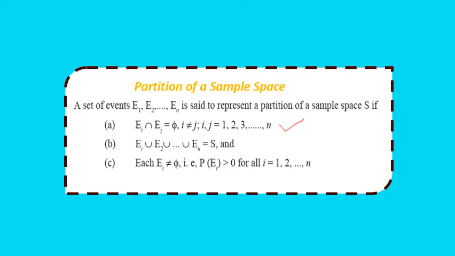And E1 union E2 union E3 up to union En should be equal to the sample space S. And the third point is that each Ei, that is each partition, should not be equal to phi, that is, probability of Ei should be greater than 0 for all i equals 1, 2, 3 up to n. Clear? So pause and note down the meaning of partitions of sample space.